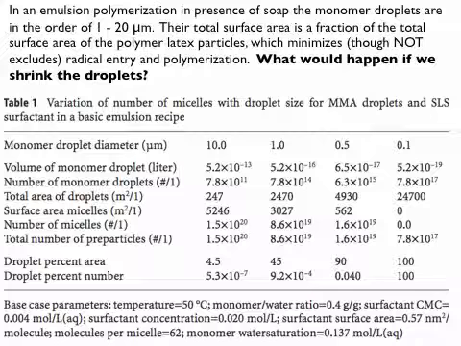We have calculated how many micelles there are, knowing when they group together and how big they are, so you can calculate how many you've got. And you see here, for example, the volume of monomer droplets, the total number of monomer droplets, and the total area of the droplets; we've done that before. In this particular case, you have like 247 square meters per liter. And you see here that the total surface area of the micelles in this particular case is 5,246, so way larger.